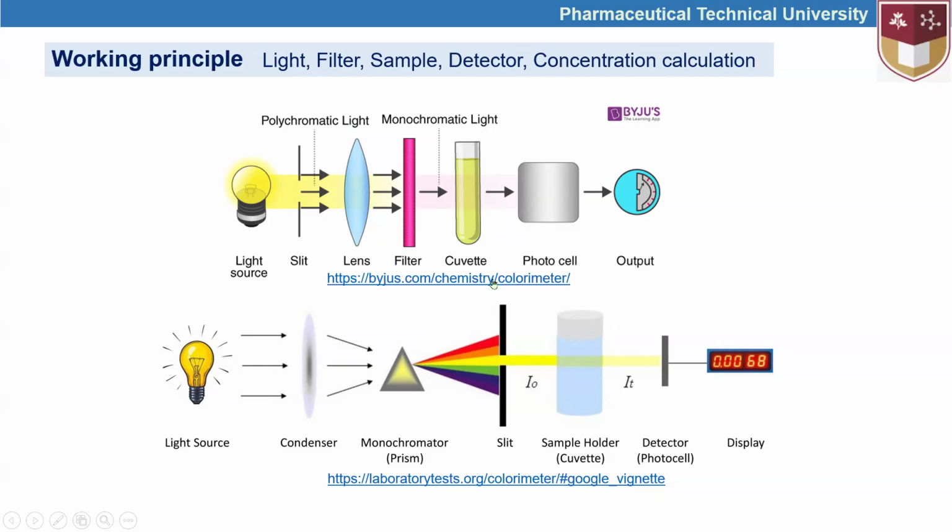And then, okay, here we can see the absorbance and transmittance of the light, and the photocell or detector helps us to digitalize the level of the transmitted light.